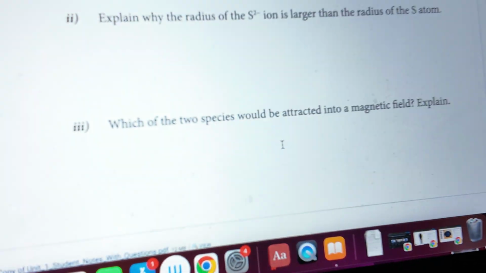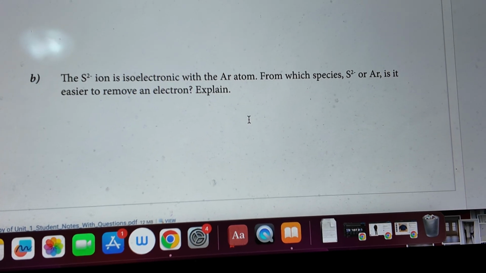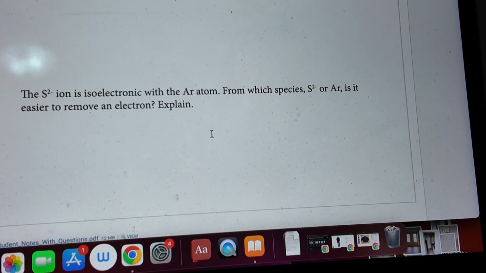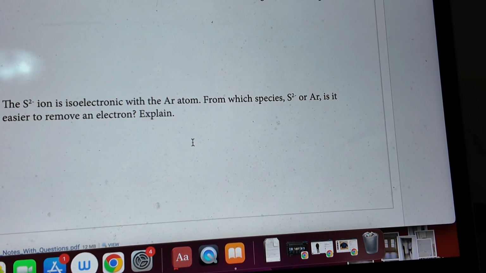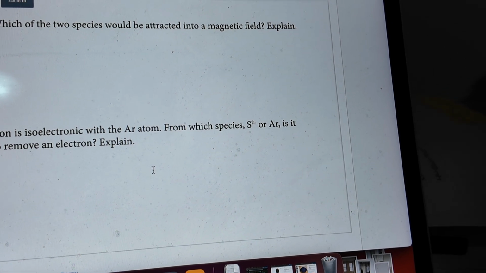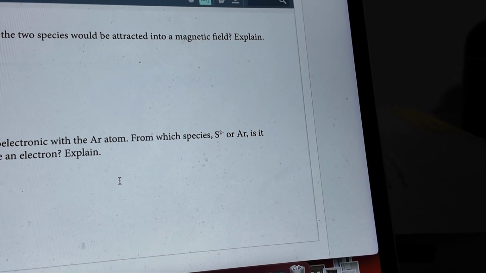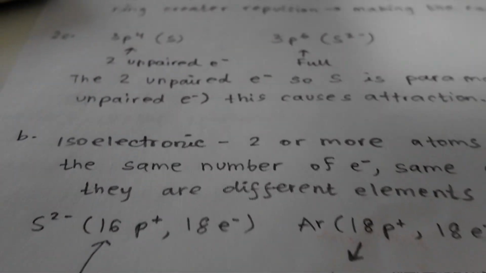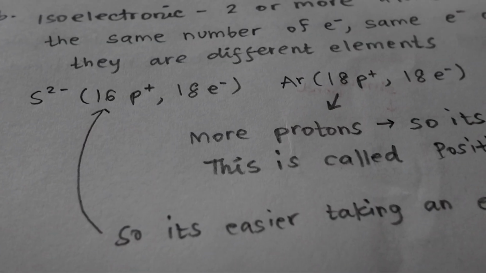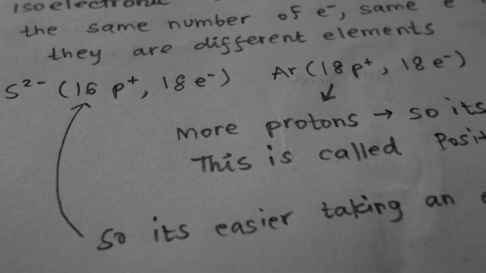Okay, now the S2 minus ion is isoelectronic with the Ar atom. From which species, S2 minus or Ar, is it easier to remove an electron? So it's basically asking about ionization energy, right? So if you look, S2 minus is naturally sulfur, so it has 16 protons and 18 electrons.